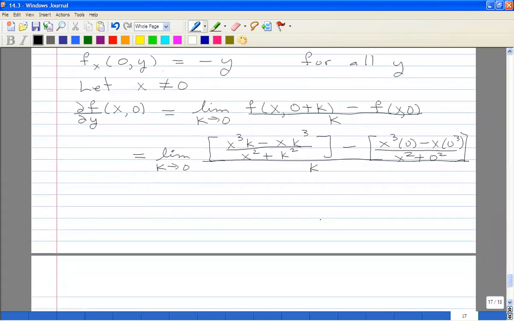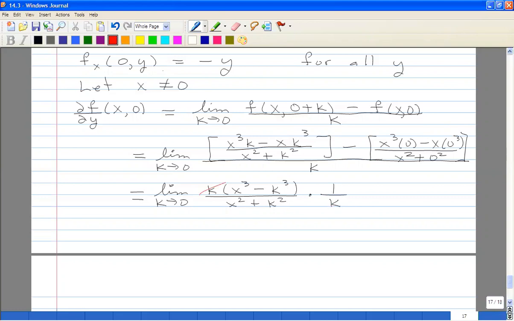And so this is equal to the limit as k approaches 0, factor out k, times x cubed minus k squared... over x squared plus k squared. This last term is 0, so you're subtracting 0 in the numerator. So we can just get rid of that. Times, well, the reciprocal.